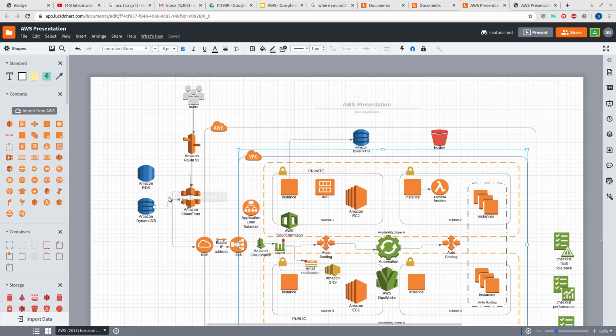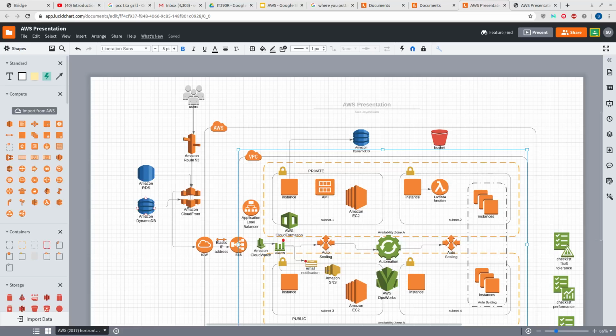Amazon DynamoDB is a NoSQL database, and this can be publicly available through Amazon CloudFront, which is something that many technicians use. It is a fast content delivery network service that securely delivers data.